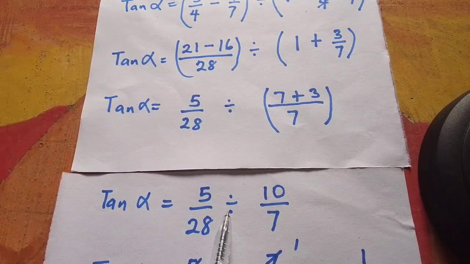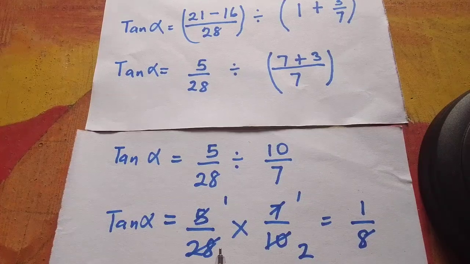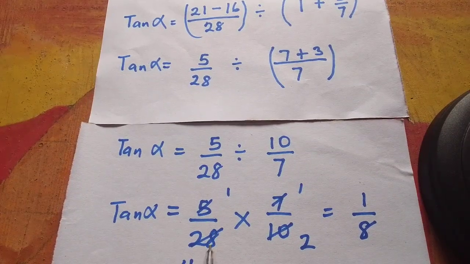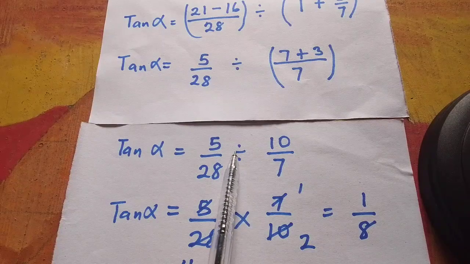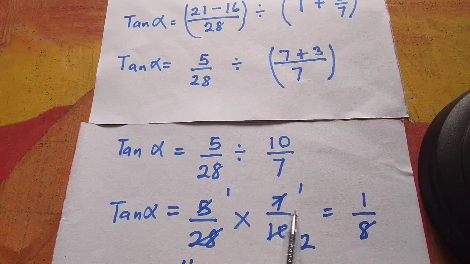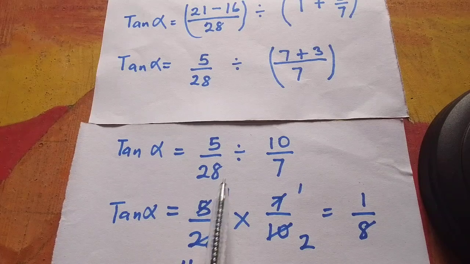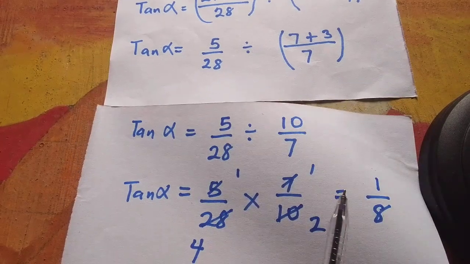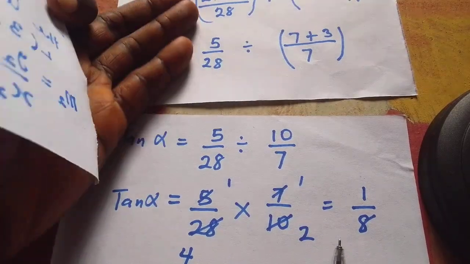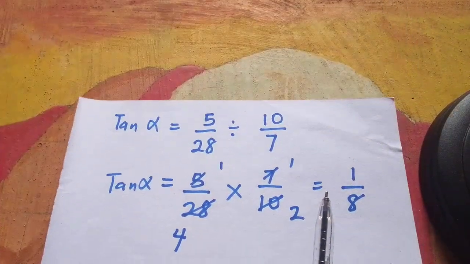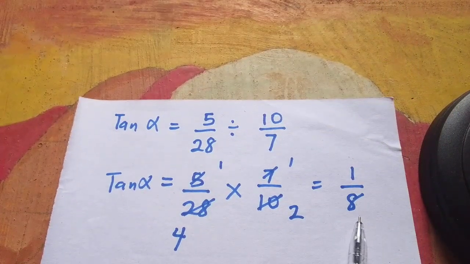If we do this division, we change it to times, so we have 5 over 28 times 7 over 10. When you change to times, the one at the back turns upside down. 7 over 10: 7 here goes once, 7 here goes 4 times. 5 here goes once, 5 here goes 2 times. So 1 times 1 gives us 1 over 4 times 2. 4 times 2 is 8.